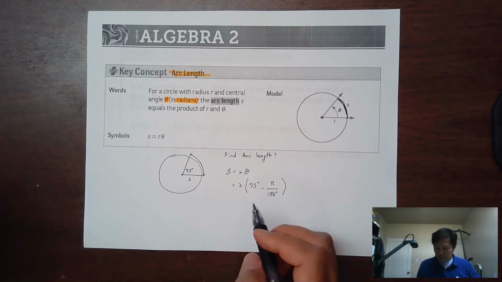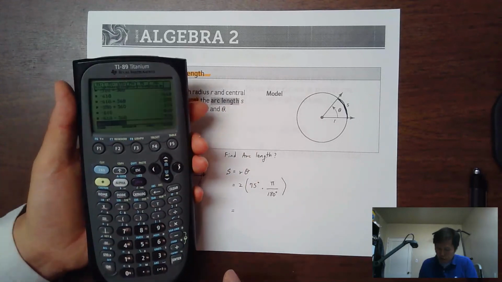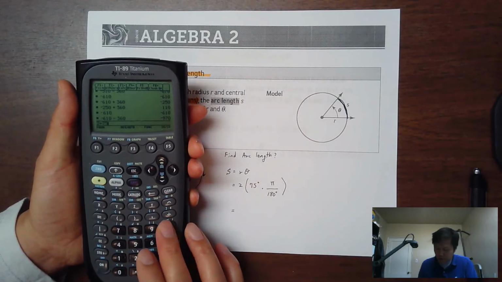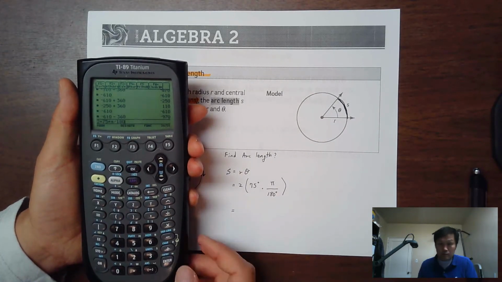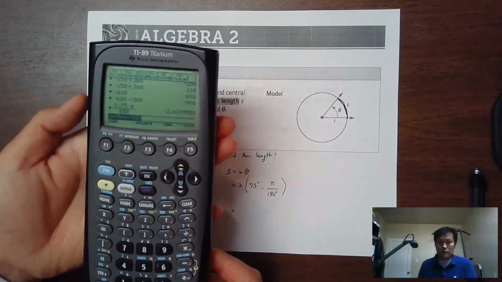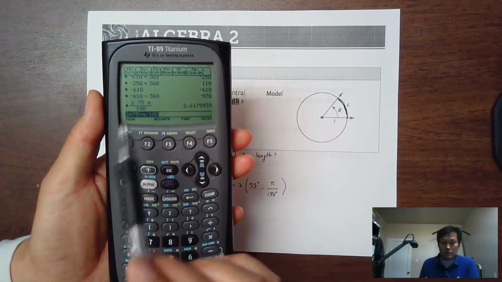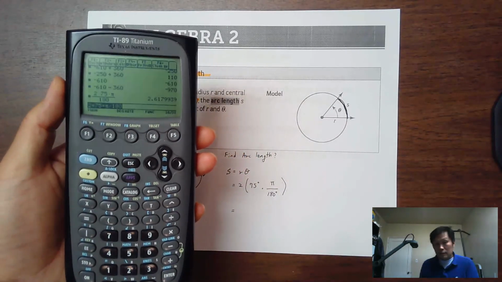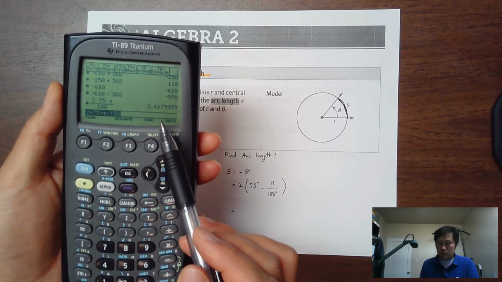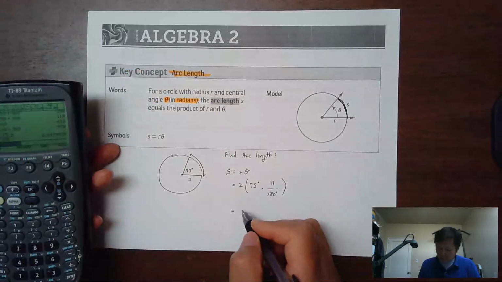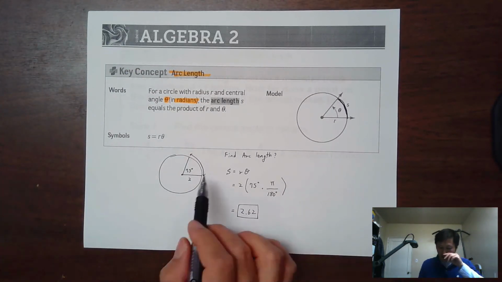So all you do is put that into the calculator. 2 times 75 times pi over 180 degrees. This is how I typed it: 2 times 75 times pi divided by 180 degrees, and I got 2.62. That is the arc length for this question.